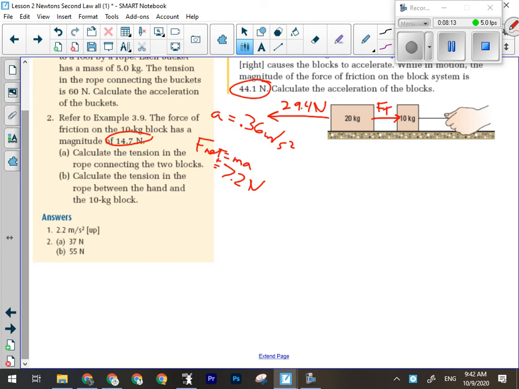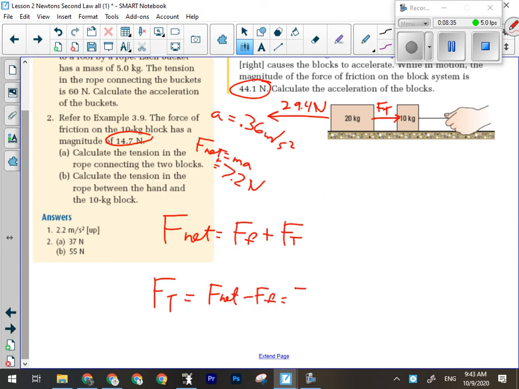That net force is the result of the force of friction and the tensional force they want me to find. Do I know 2 out of the 3? Yeah. So I can find that tensional force. The tensional force will be F net minus the force of friction.